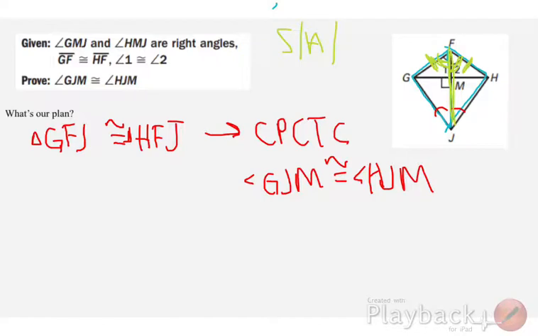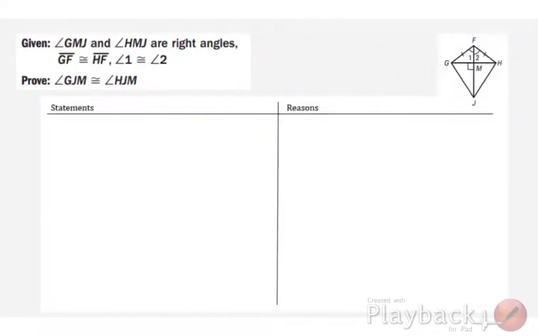So obviously FJ has to be congruent to FJ because it's the same segment, so I have my third piece. So if you look at this, I actually have side, angle, side, which gives me two congruent triangles. So now that we have our plan, let's go through and try to attack it. We're gonna start with number 1 and we're gonna do our given information.